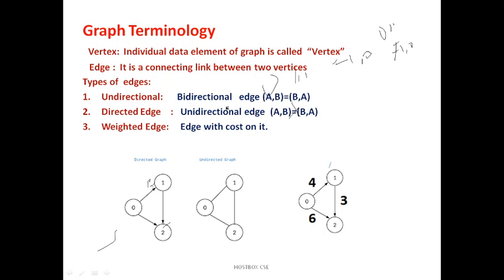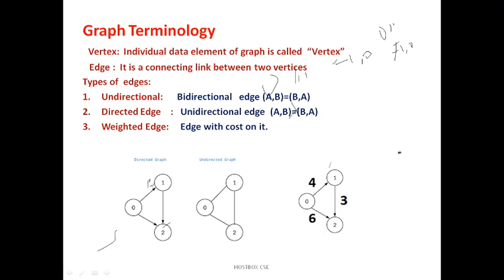An undirected edge means a bidirectional edge where you can go 0 to 1 or 1 to 0, and a directed edge means only one direction, either 0 to 1 or 0 to 2 as in the diagram.